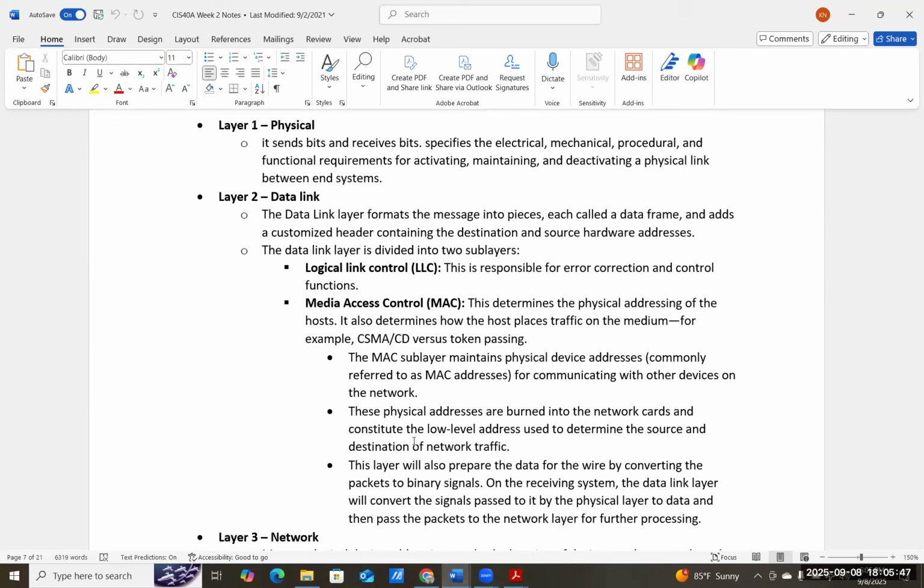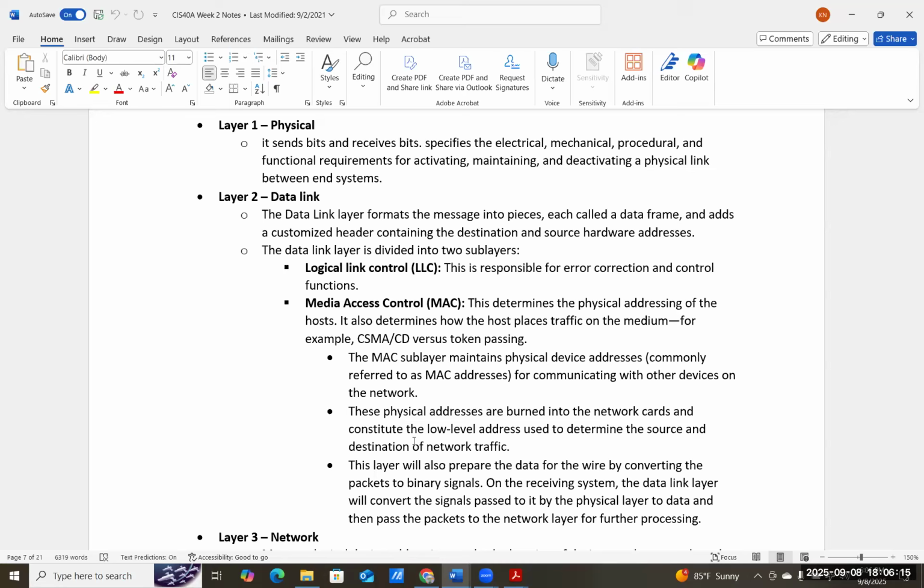Now, it uses a physical address that is given to your network adapter, wireless or wired, right? And the MAC address, your media access control address, is programmed or ingrained onto your adapter. This is how the switch can distinguish between this computer and that computer, because there are different addresses.